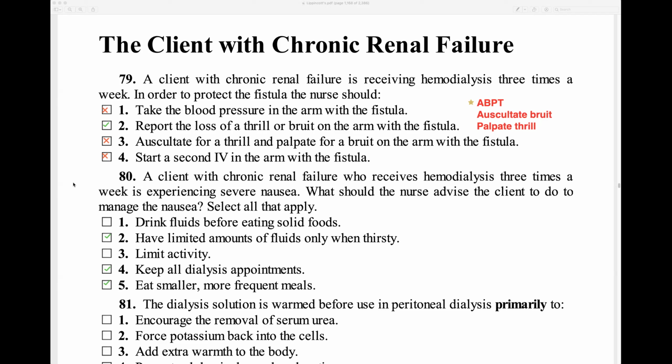Keeping all dialysis appointments, so that is so important. When a patient who needs dialysis misses appointments, what happens is all the wastes build up in their blood and they become very nauseous and very sick. So make sure the patient is able to keep their dialysis appointments.